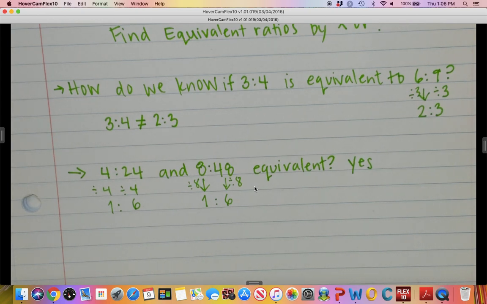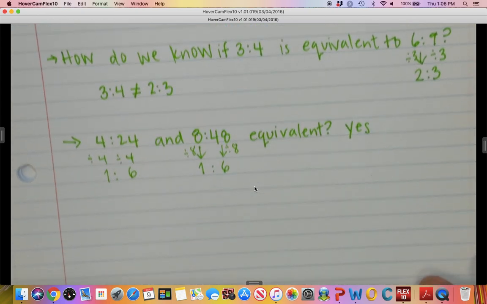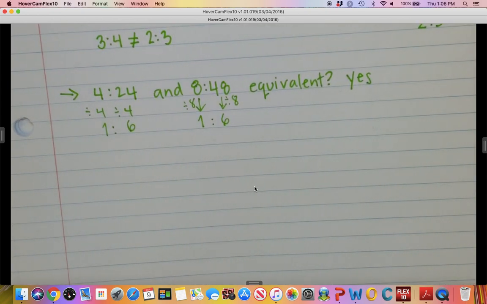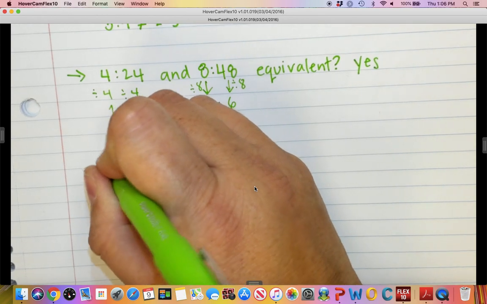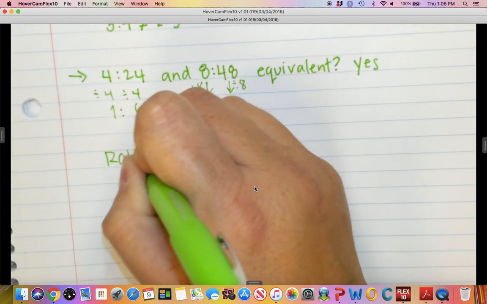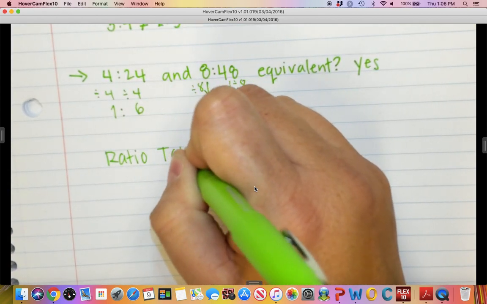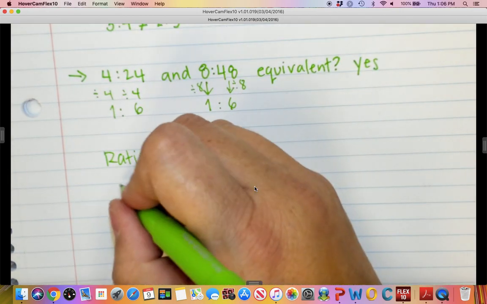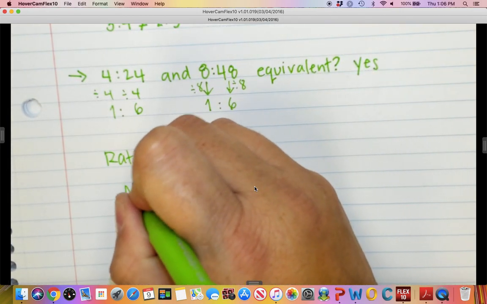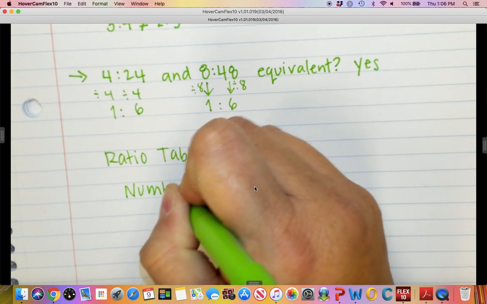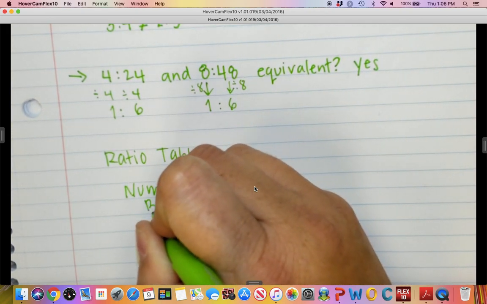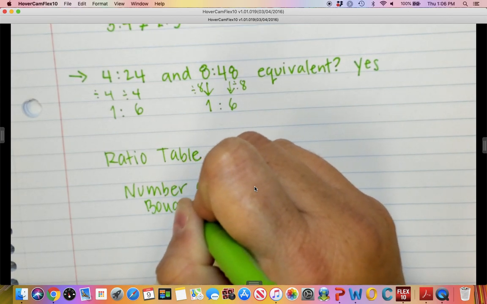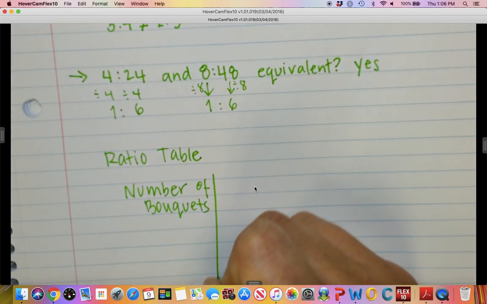Sometimes we will have ratio tables, and they are looking for equivalent fractions as well. So I'm going to show you an example of a ratio table, and I'd like for you to draw it out. Here we're going to keep track of the number of bouquets of flowers.